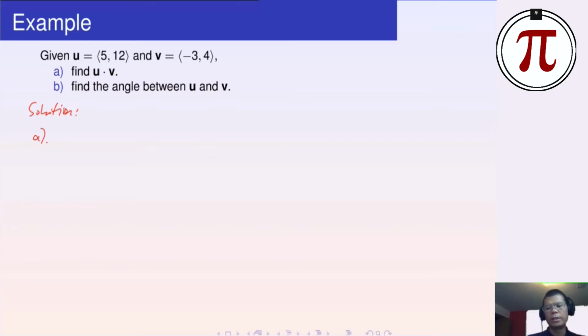All right, so here, solution. A, we want to find the dot product of u and v. So u dot v equals the product of their horizontal components, that is 5 times negative 3, plus the product of their vertical components, so 12 times 4, which equals negative 15 plus 48 equals 33.